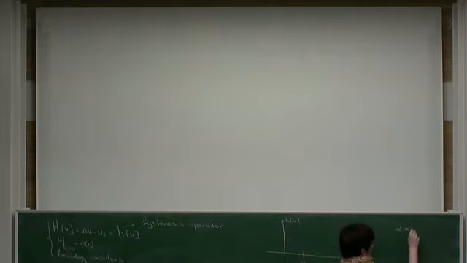So how can we define the value of this operator for u? We have two thresholds, alpha and beta, and we assume that alpha is less than beta.